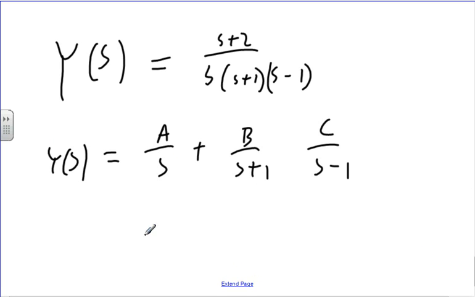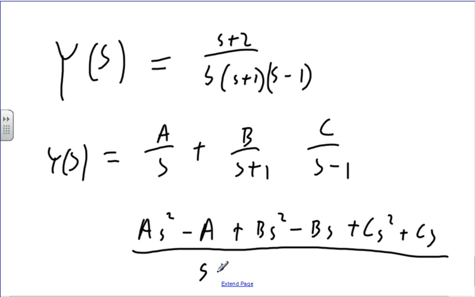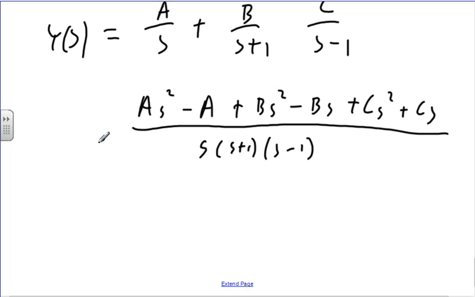Okay, so I've got a s squared minus a plus b s squared minus bs plus cs squared plus cs over s plus 1, s minus 1. I'm looking at the s squared term, a plus b plus c, and I see that it has to be 0.